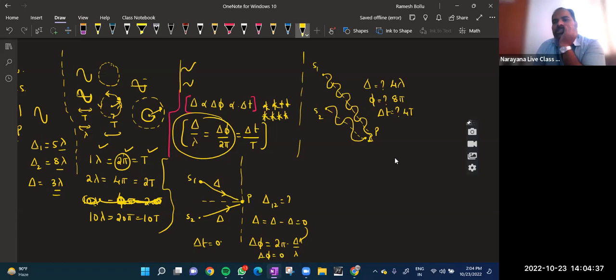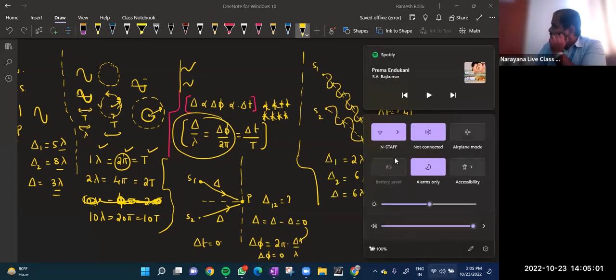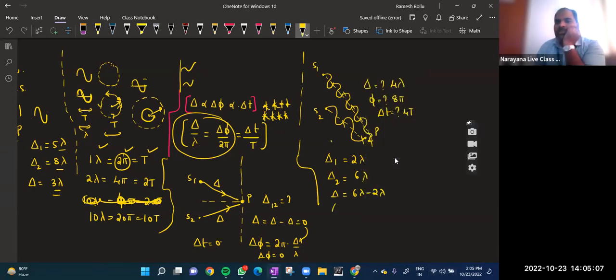Let me check. What is the path traveled by the first light wave? 2 lambda. What is the path traveled by the second light wave? 1, 2, 3, 4, 5 and 6, so 6 lambda. So the path difference is 6 lambda minus 2 lambda, which is 4 lambda. The phase difference formula is 2 pi into path difference by lambda.